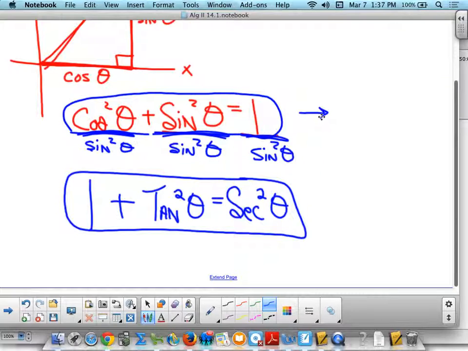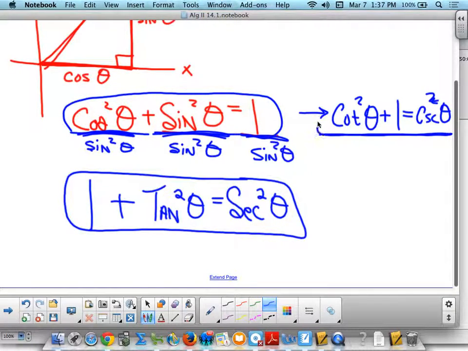Anybody want to tell me what cosine squared over sine squared is? That's cotangent squared, plus 1 equals, what's 1 over sine squared? Cosecant squared, yep. So this becomes the final one.